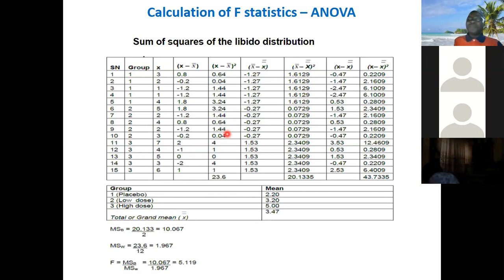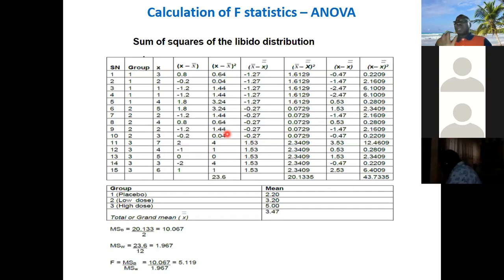When you remove mean from the values that are less than the mean, it gives you negative values. When you remove mean from the value that is the same as the mean, it gives you 0. When you remove mean from the value that is greater than the mean, it gives you positive. When you add all the deviations together, it gives you 0, because as much negative is there, as you have the positive.